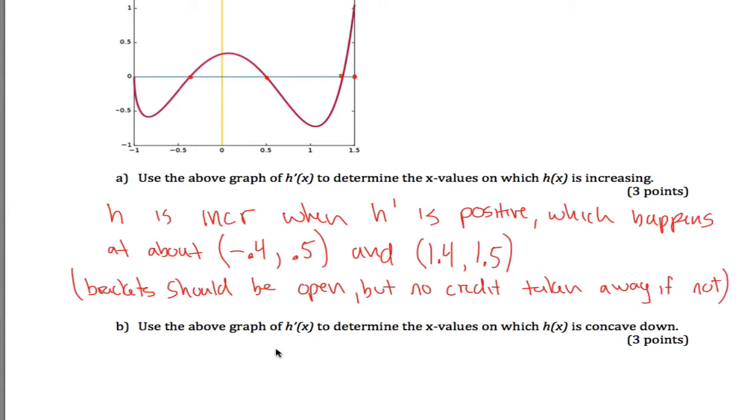Good enough. Use the above graph of h prime to determine the x values on which h of x is concave down. H of x is concave down if h prime of x is decreasing.